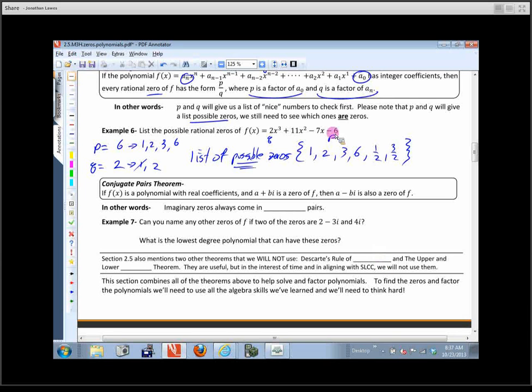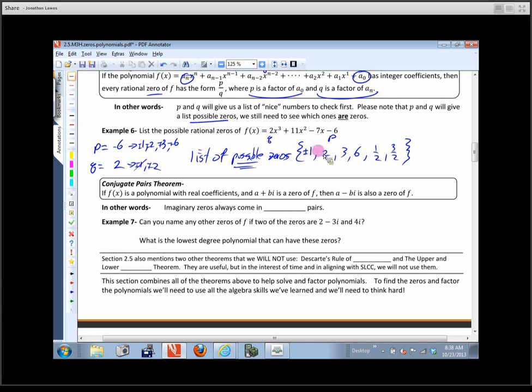And then remember how this one was negative? Really, every one of these could have a plus or minus on it. Okay, because whether this is 6 or -6, a positive 1 and a negative 1 will go into that evenly, right? A positive 3 and a negative 3 will go into that evenly. Now, I normally don't bother writing them down here.